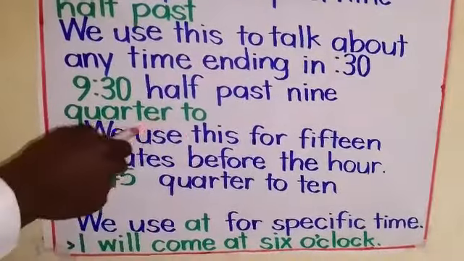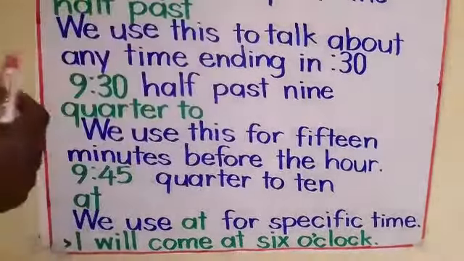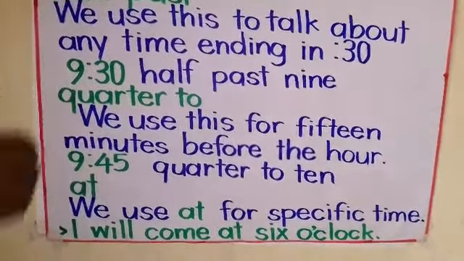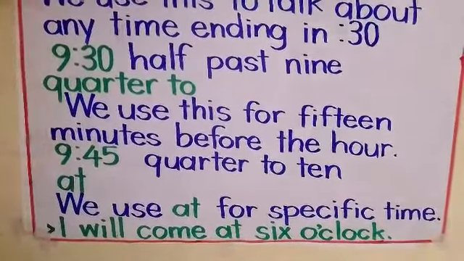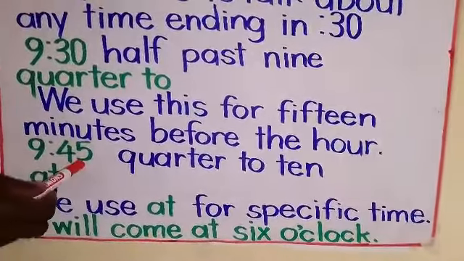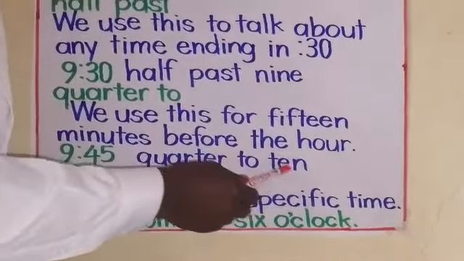We use this for 15 minutes before the next hour, so that is when 45 minutes have passed in an hour. Like this one here, we say quarter to 10.